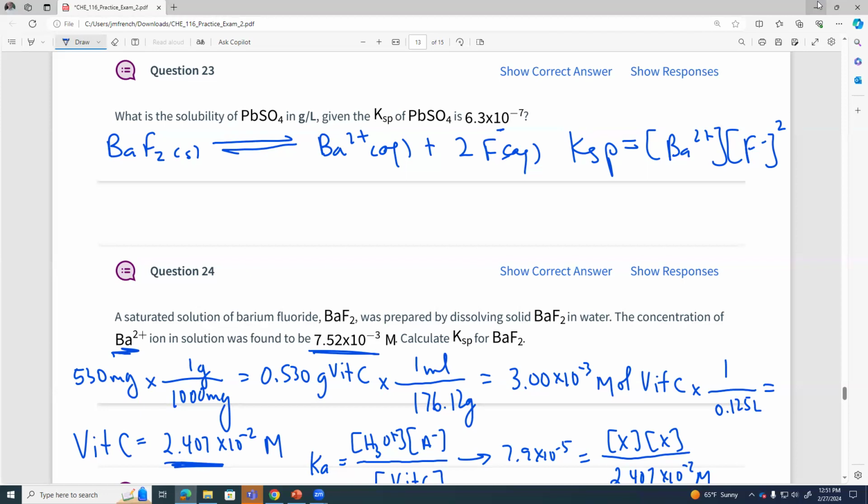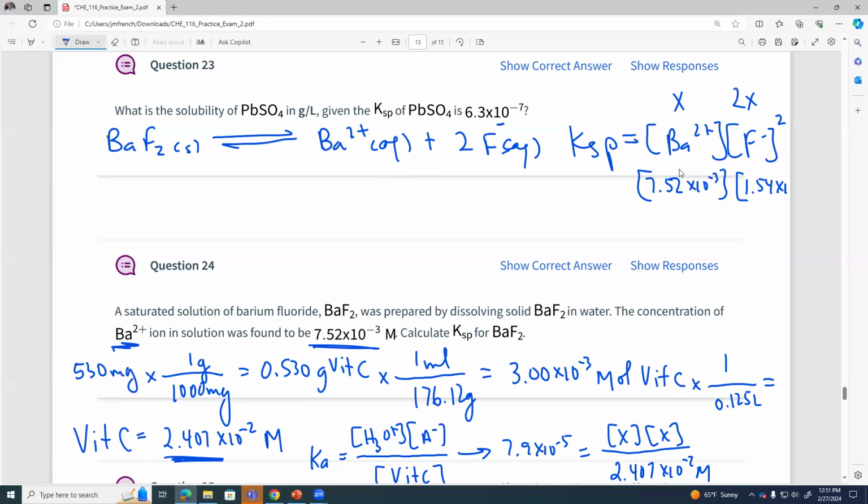What would that make the concentration of fluoride? Yeah, it'd be twice that concentration. So if we were just setting this up in terms of X, barium is X, fluoride is 2X. So if barium is 7.52 times 10 to the minus 3, fluoride needs to be twice that. So what's that? 1.54 times 10 to the minus 2.